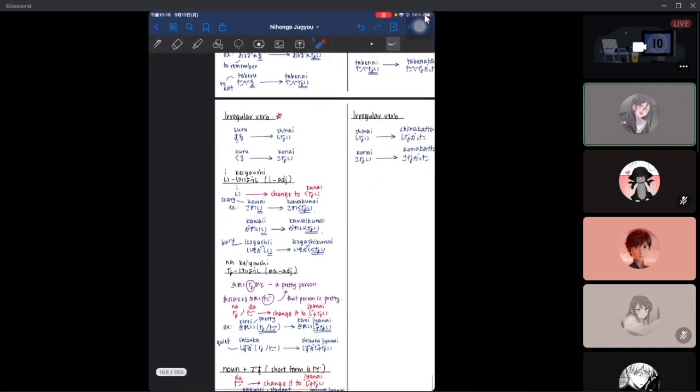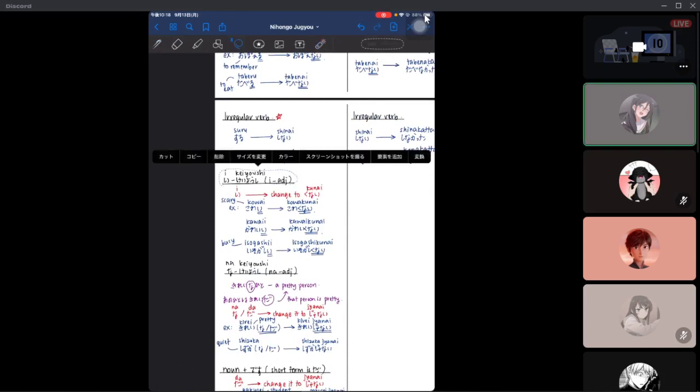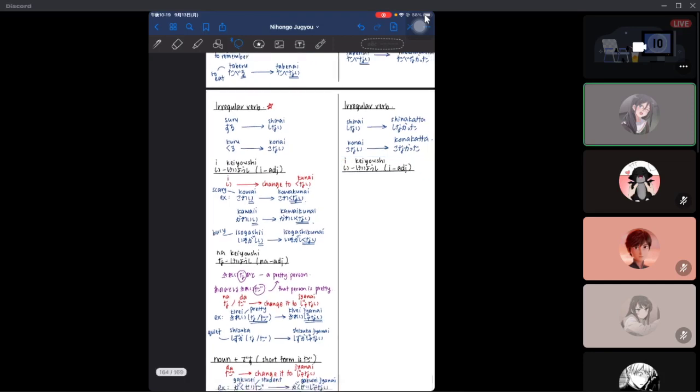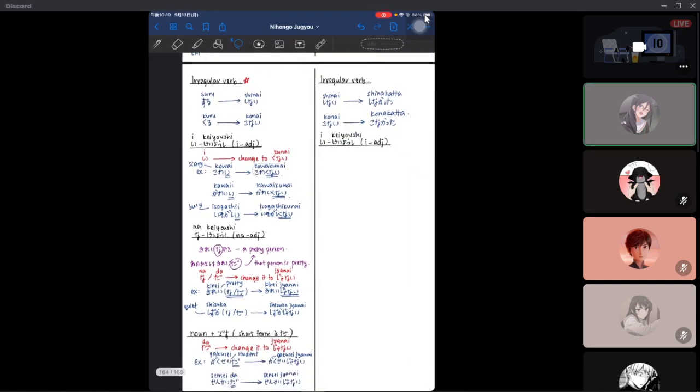The next one is i-adjectives. Same as the others. For example, 怖くない.